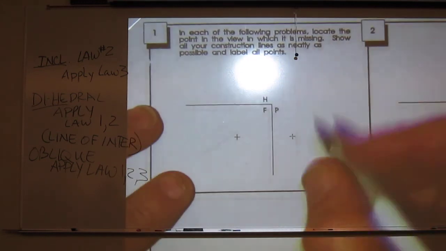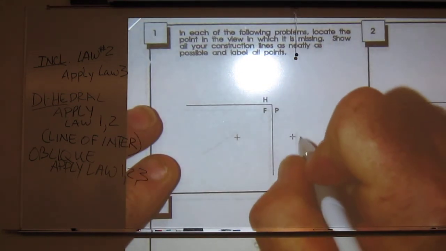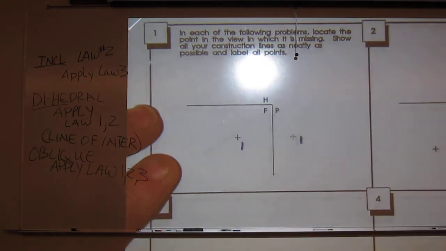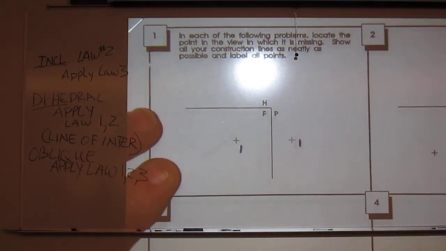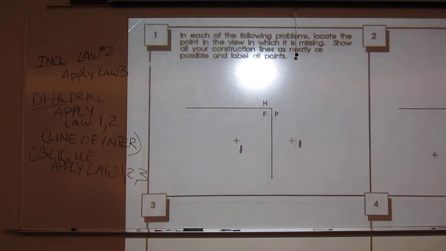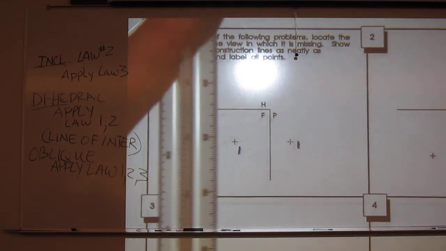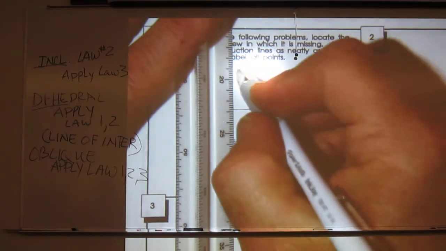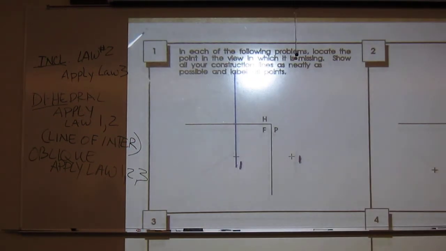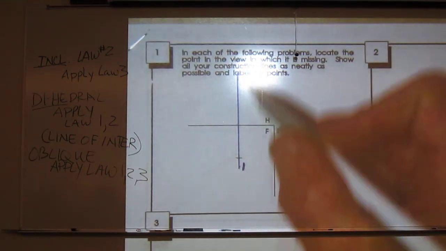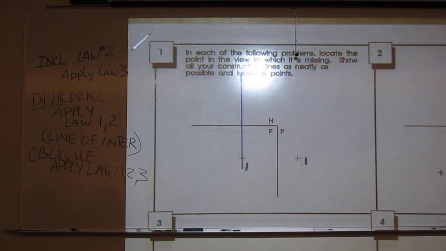Here's what I would do, just so you make the connection. This is point 1. That's point 1. Same 2 points, given in a front and right view. How do I project it? Well, I get my triangle. I can project perpendicular, right? I know point 1 falls on this line. I just don't know where.